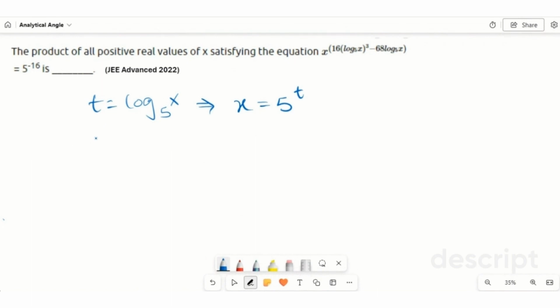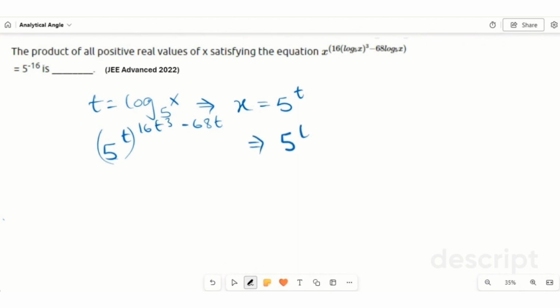It is x to the power something, so we can write that as 5 to the power t whole to the power 16t cube minus 68t. So using the law of exponents, we can write it as 5 to the power t into 16t cube minus 68t, which is equal to 5 to the power minus 16.